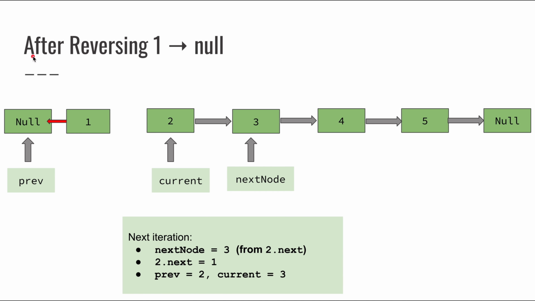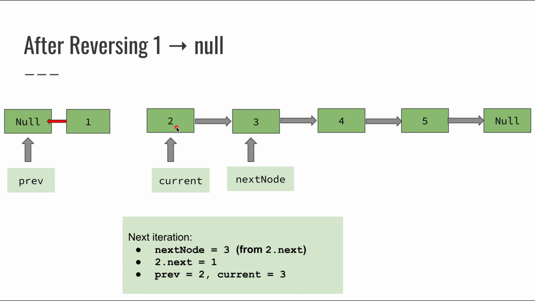Now think about the current situation that we have. We have done one rotation. This points to null, which means the current that we have, we have set from 1 to previous, because we want to do a reverse, right? So now 1 points to previous, and previous is at null.